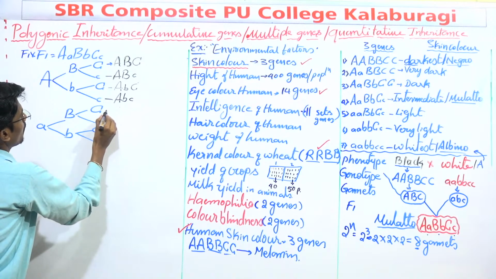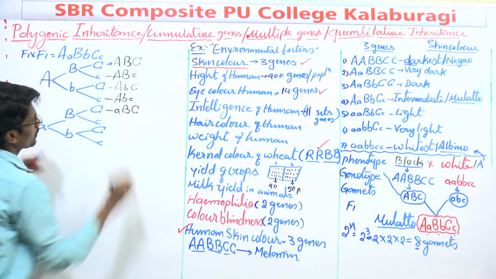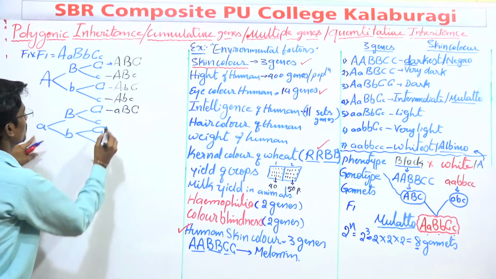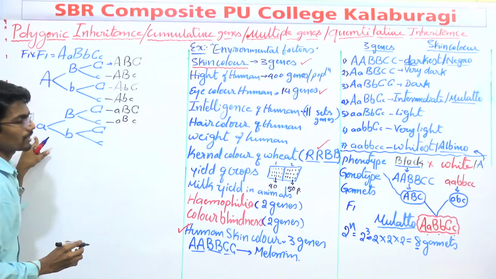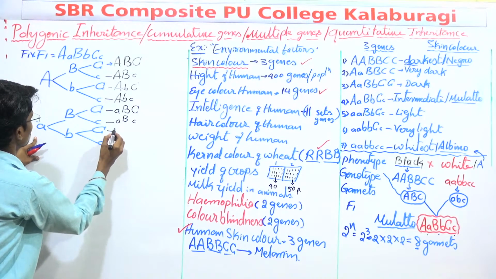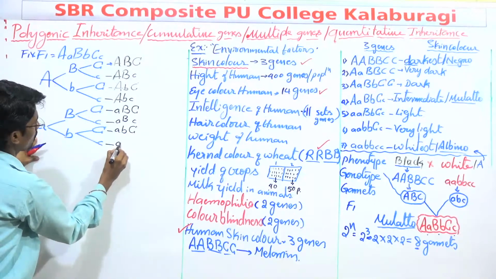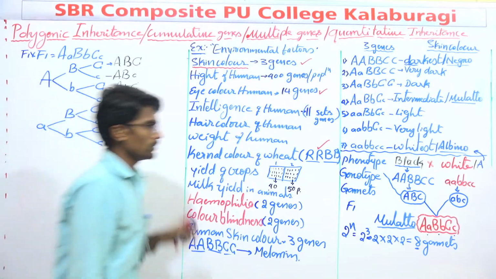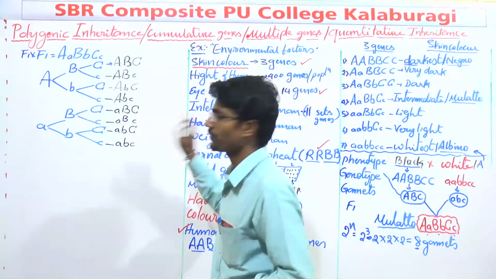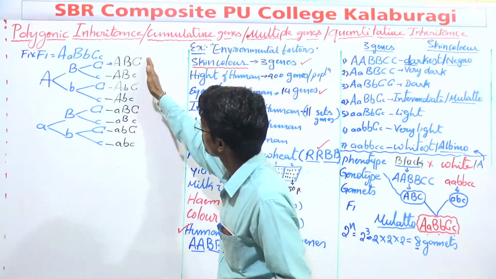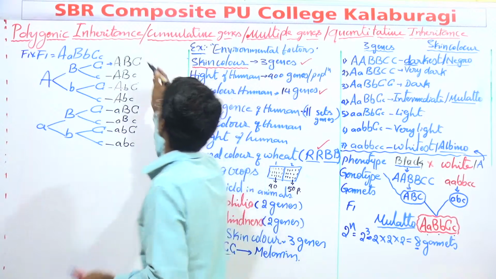Got it? If you go for the next array, here A is recessive, the remaining 2 are dominant. Next one, AC is recessive, B is dominant. In the seventh case, AB is recessive, C is capital, and the last one, ABC are all recessive. Now count how many gametes are produced here. Total 8 gametes. Now we should write these 8 gametes in row as well as column.